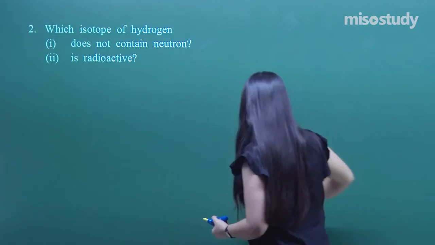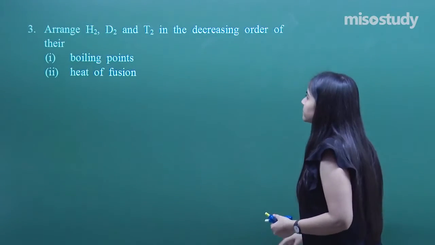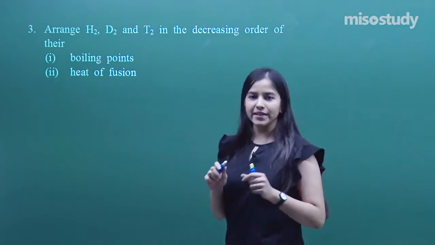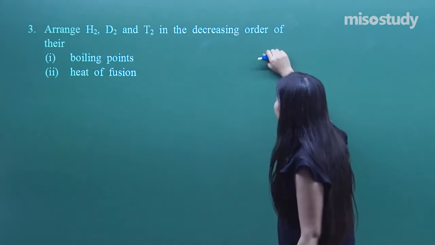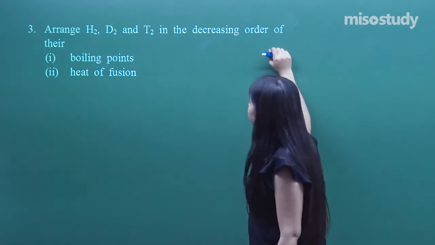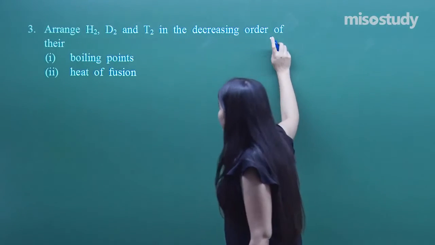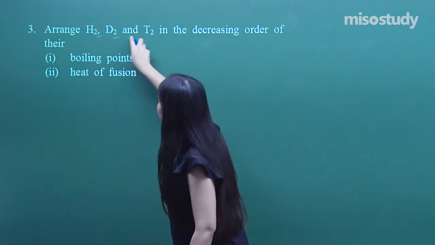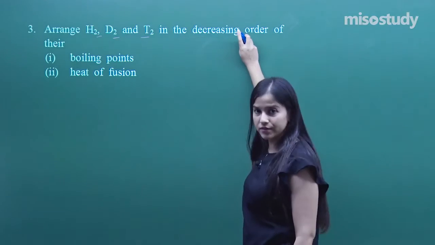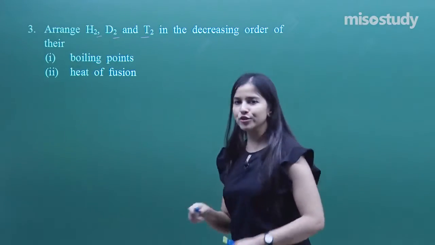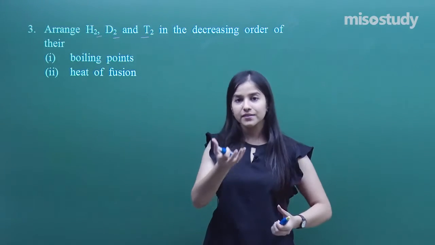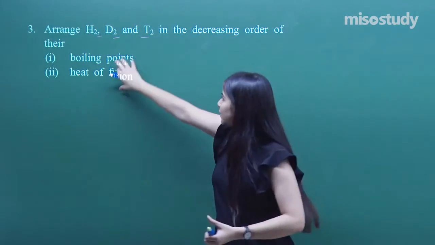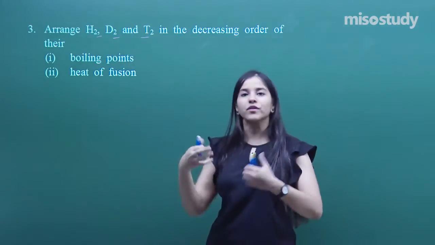Question number 3. Arrange. Now this one is important. Arrange H2, D2 and T2 in the decreasing order of their boiling point. So as I have told you, the higher the mass, the bigger the compound is, that means the more the mass, the more will be the boiling point.